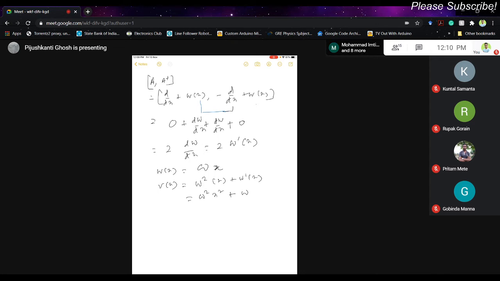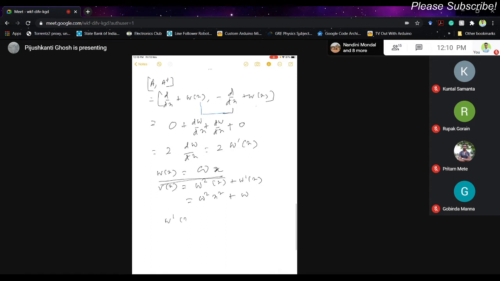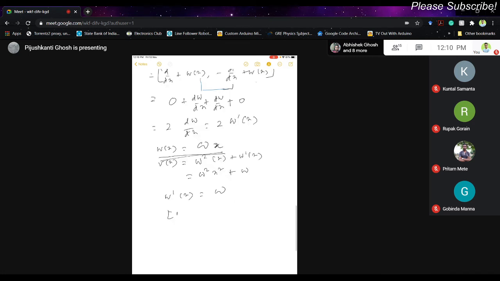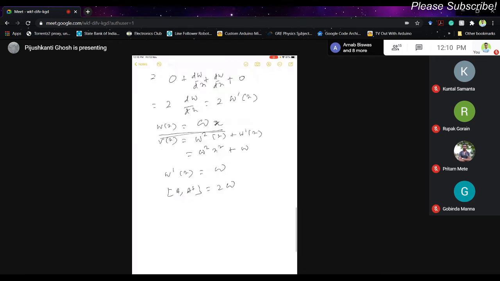Now what I want to say is that omega prime x is omega, and you can see that A commutator A dagger is nothing but 2 omega, right? This is the harmonic oscillator.